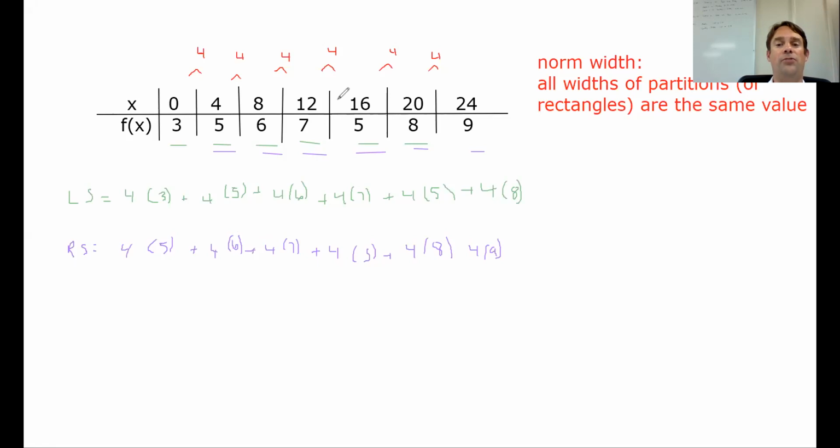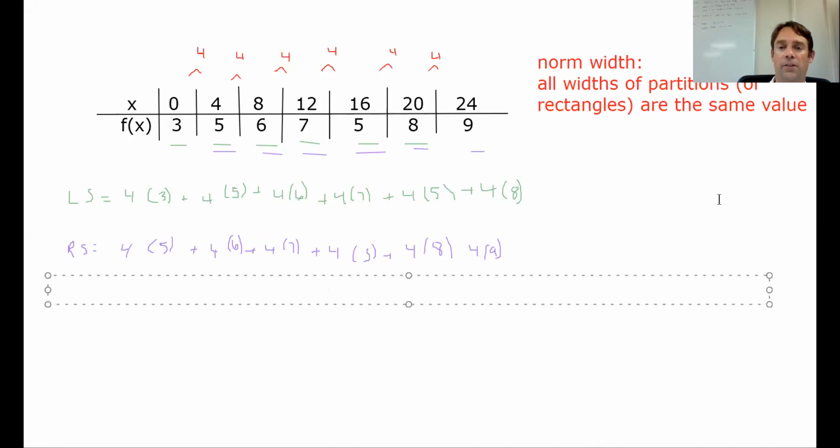So now we can do a left sum and a right sum no matter how many partitions we have. But the last sum we're going to look at today is a midpoint sum. Two things have to exist on a midpoint sum. First of all, we have to have an even number of partitions.